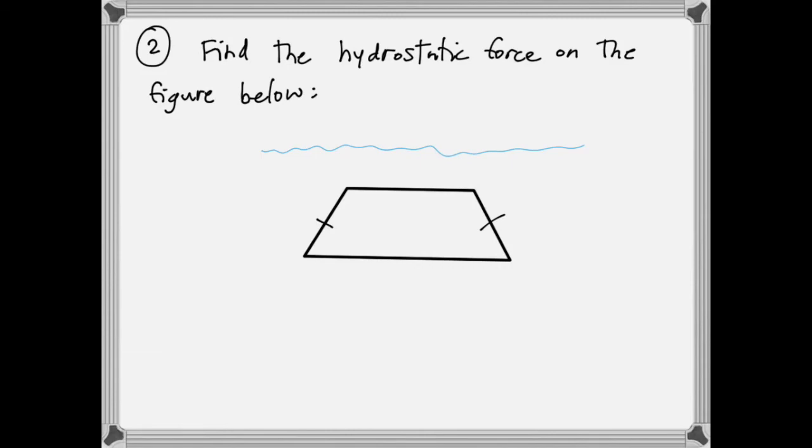And I need to put some dimensions in here. So from here to here is 10 meters. From here to here is 30 meters. And from here to here is 40 meters. And then from here to here is 60 meters. So this is my shape.